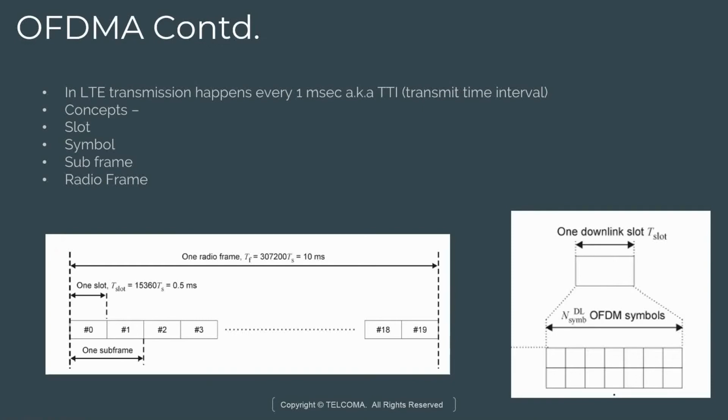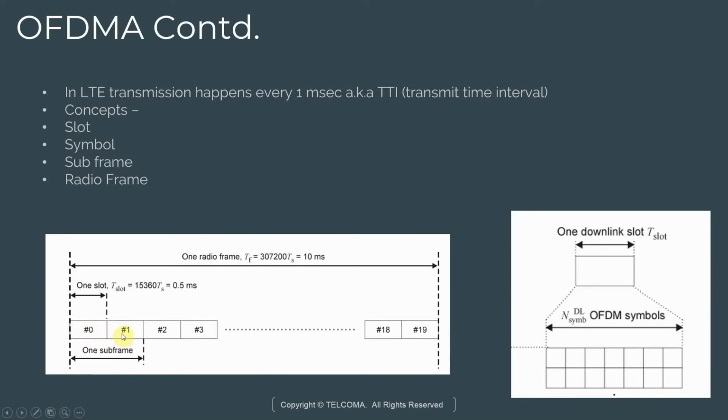So one TTI, like I said, is 1 millisecond, right? That 1 millisecond is referred to as one subframe in LTE. One subframe is composed of two slots, slot 0 and slot 1.